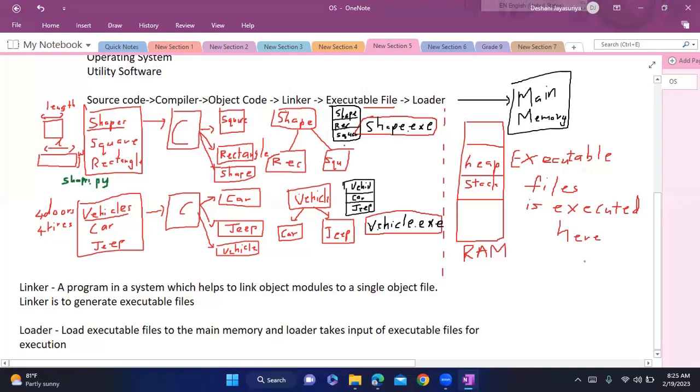So we'll add a small note on what is heap and what is stack as well.